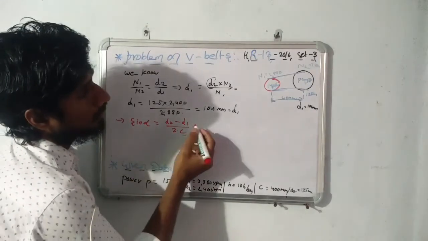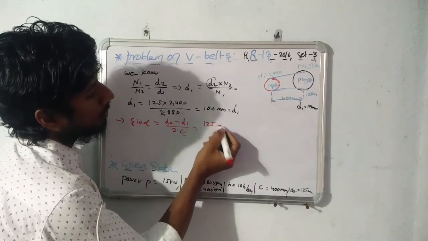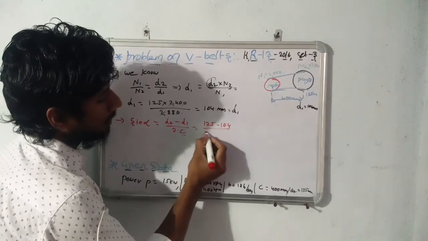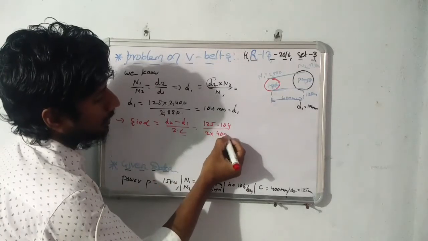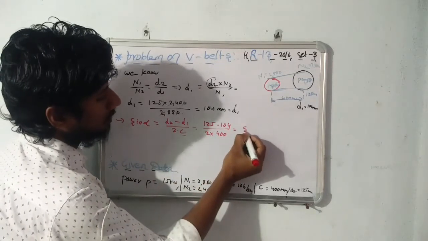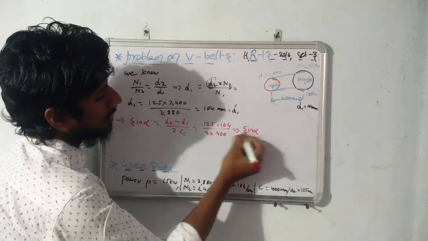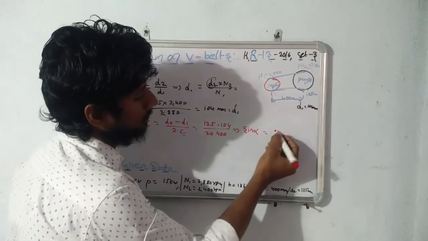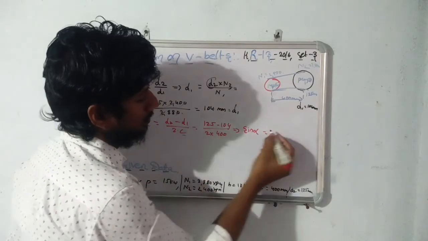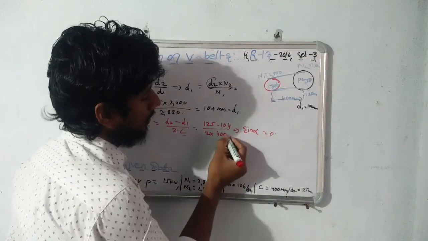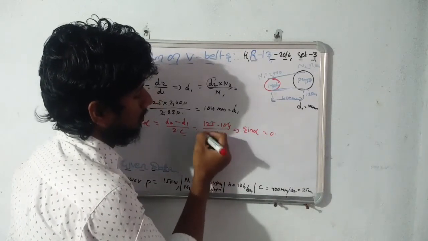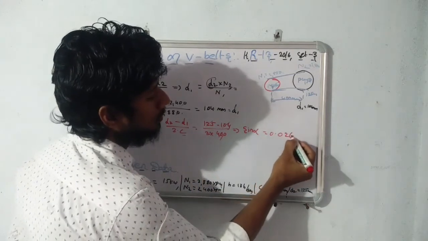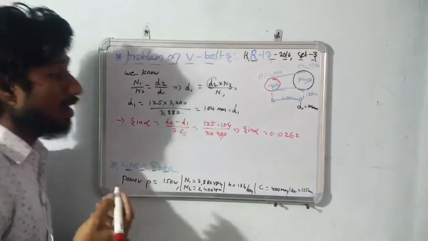Substitute those values here: 125 minus 104 whole divided by 2 into 400. By simplifying this, we get the sin alpha value, that is equal to 0.0262.